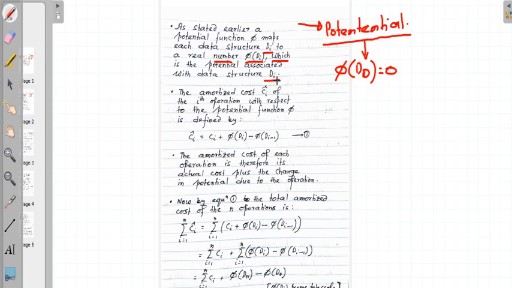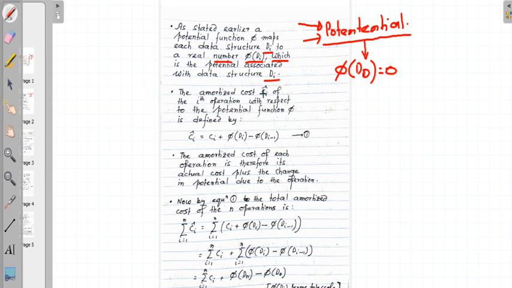Say you are climbing a hilltop, you gain some potential energy, and then you release that energy. This physical phenomenon comes into the picture when we analyze amortized cost with the potential method.